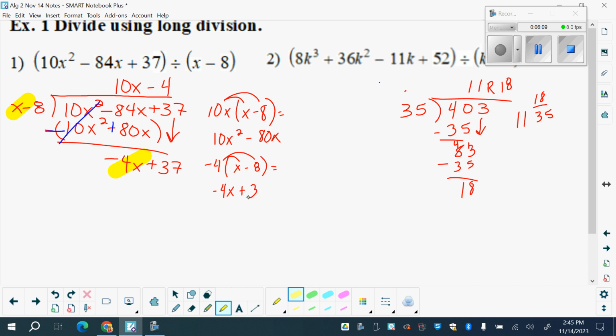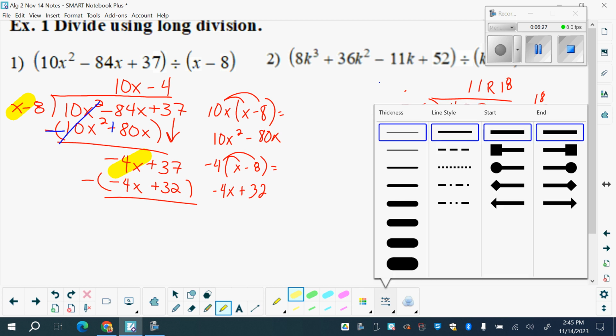So I'm going to write the negative 4x plus 32 here. And then I'm going to subtract. This is where most of the mistakes are made with the subtraction. So it's okay if you don't want to distribute, but don't forget to distribute. Let's see, blue.